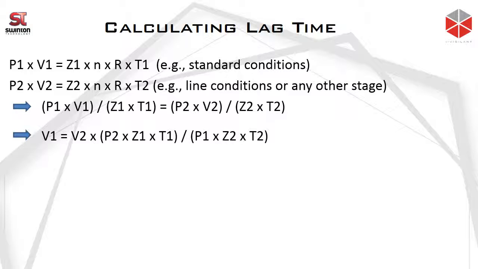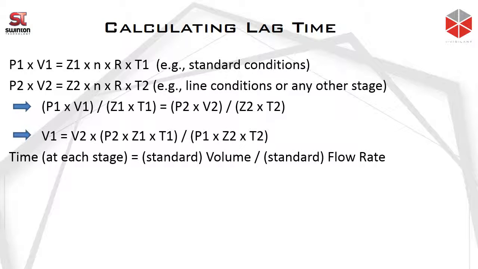So this is how we can convert the volume at any of those stages to standard volume. The time then at each stage is that standard volume divided by the total standard flow rate at that stage.